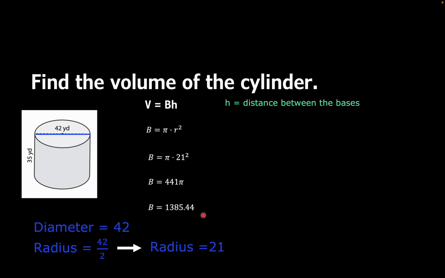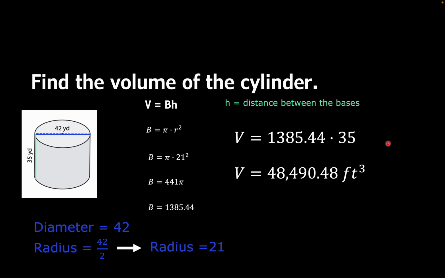The height, the h in this formula, is that distance between the bases. So in this case, it's the 35. So we take our area of the base, 1,385.44, multiply with the height of 35. We get a total volume of 48,490.48 cubic feet.